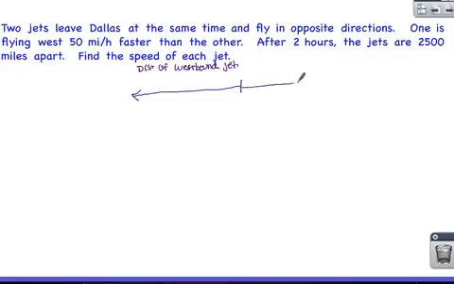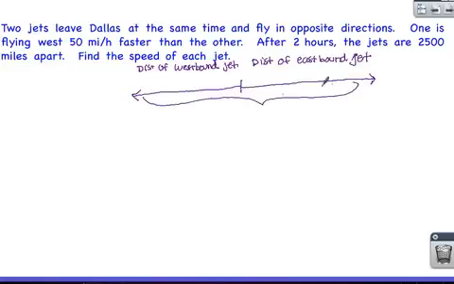And then we also know that there is a jet traveling eastbound a certain distance. Their total distance is 2,500 miles.